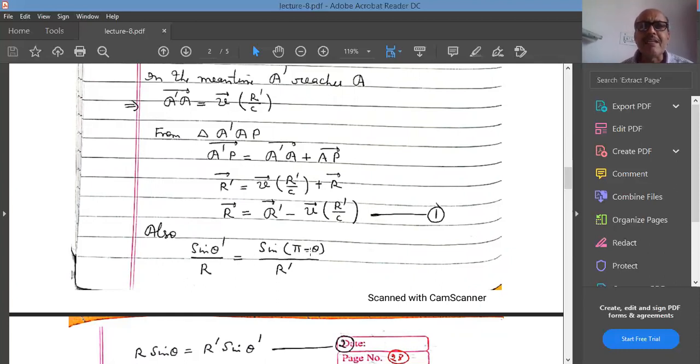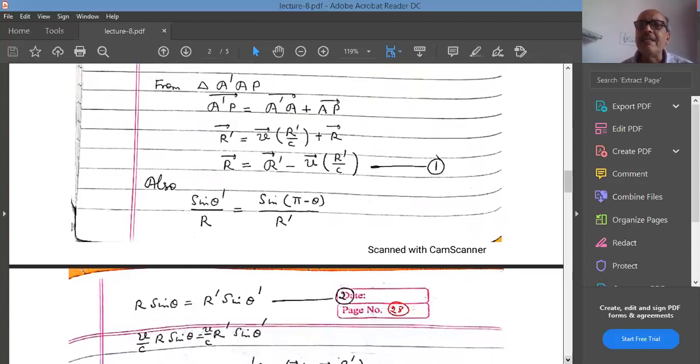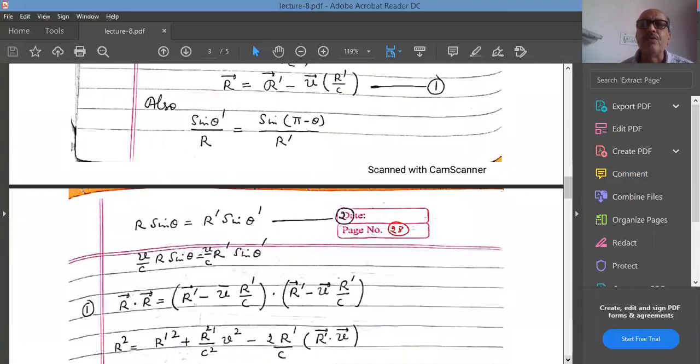Sine of pi minus theta is sine theta. So we can cross multiply. So R dash into sine theta dash becomes equal to R sine theta.